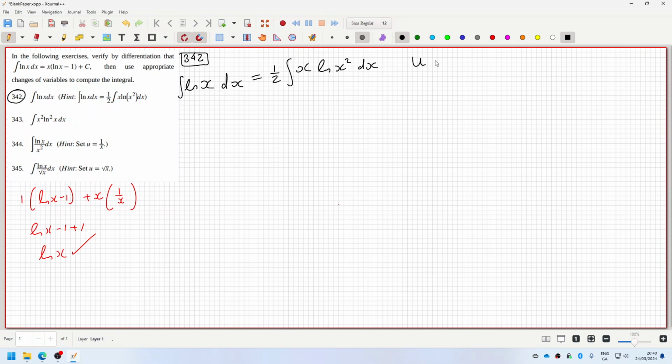So I should say u equals log x squared. That means du dx would be 1 over x squared times 2x, which is 2 over x. That doesn't seem too helpful.